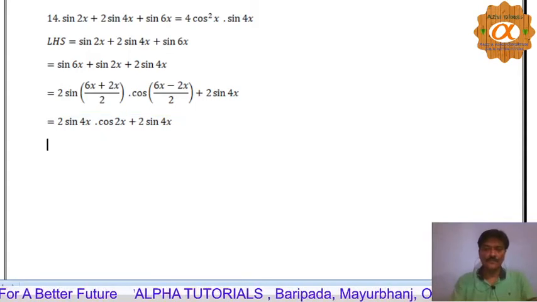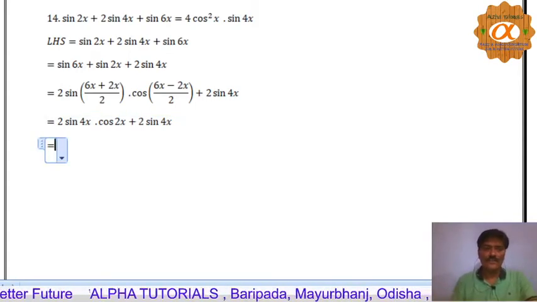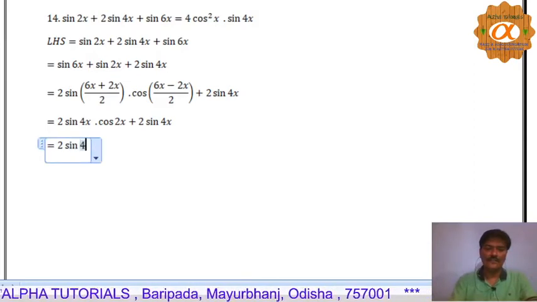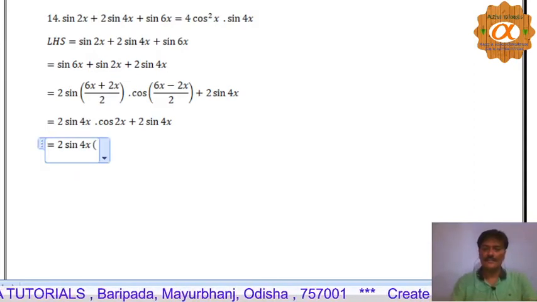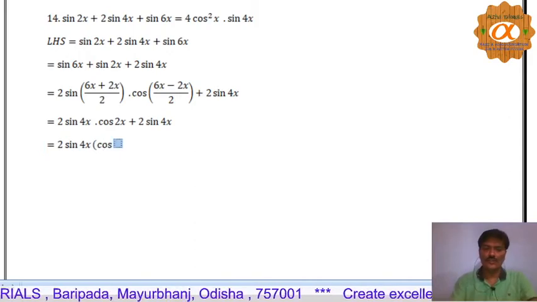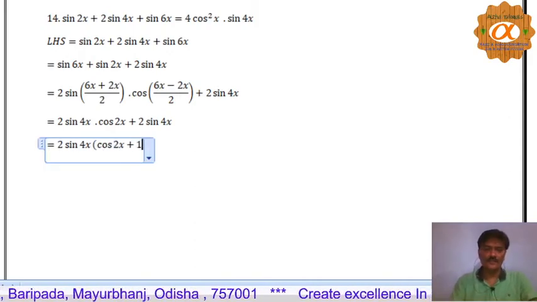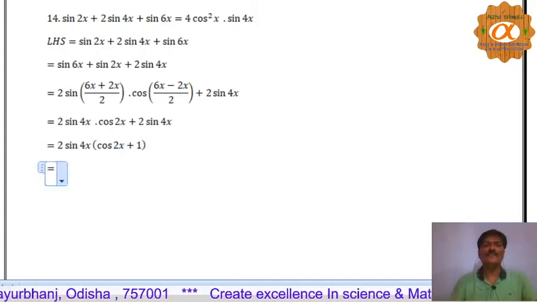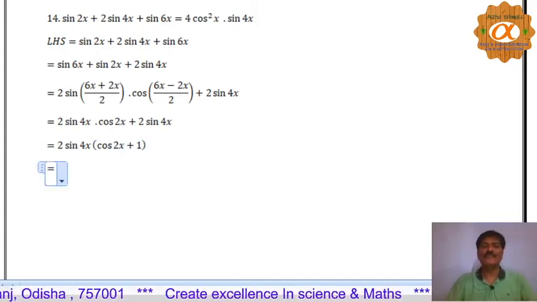Now from both the terms I will take 2 sin 4x common, and it remains cos 2x plus 1. One requirement is fulfilled, that is sin 4x.